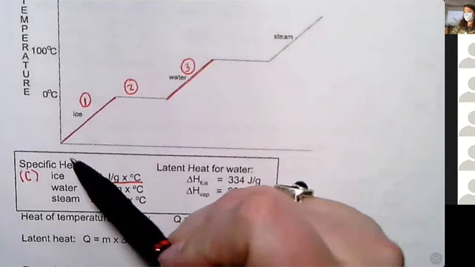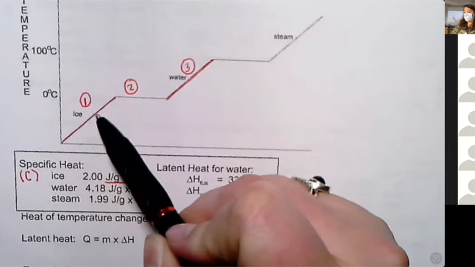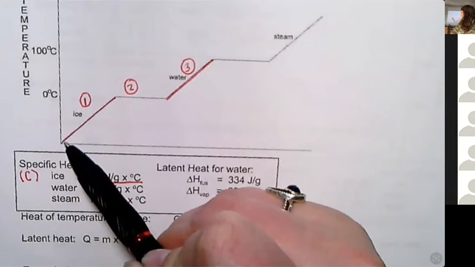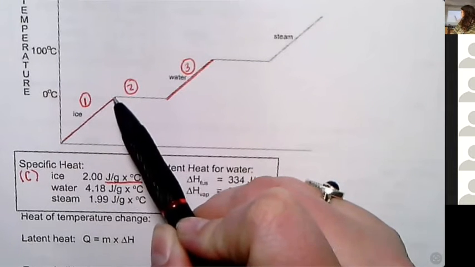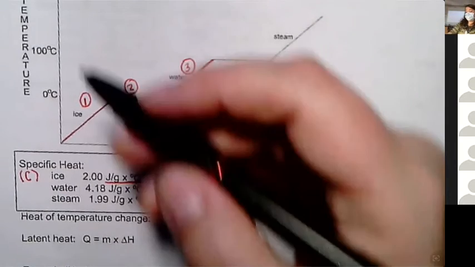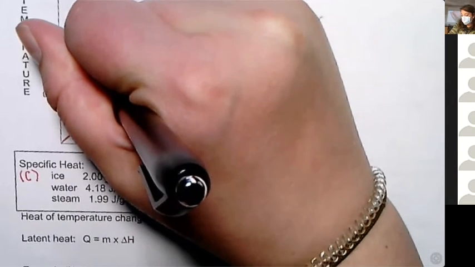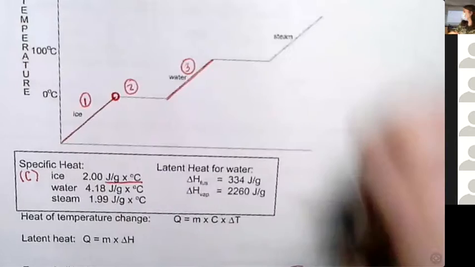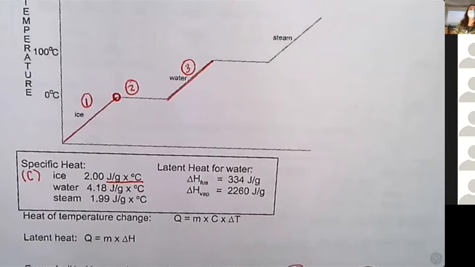So for example, this is ice all the way through this line right here. Starting from here, all the way up to there, it's ice the whole time. And at this point right here, where those two lines meet, that's going to be your melting point, because we're going from a solid to a liquid.